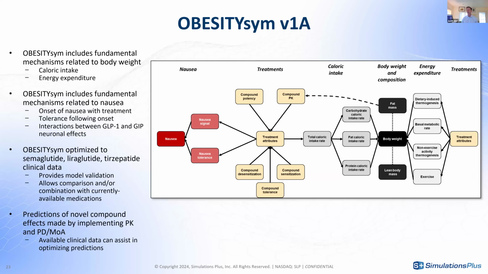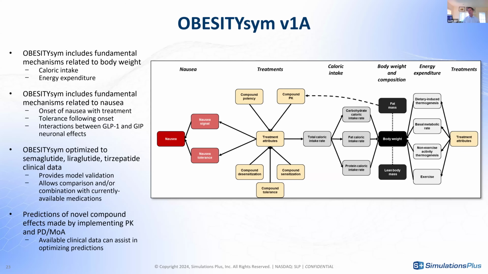So this enables us, as we move to the treatments area in the yellowish color, to pay attention to compound attributes, potency, PK, as well as the potential for desensitization or tolerance.